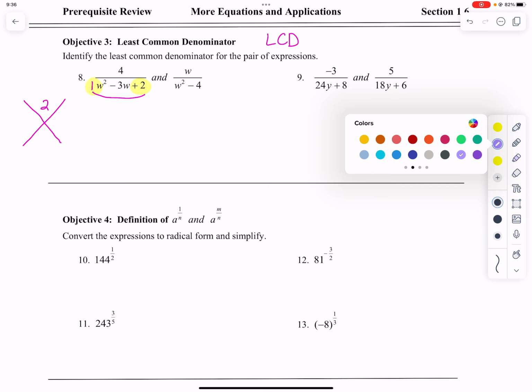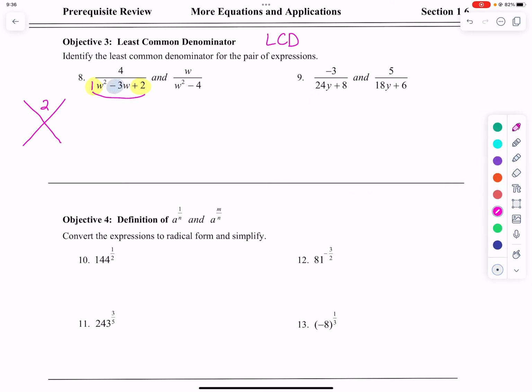a -3 here, and we write that here. So we're looking for two numbers that multiply together to equal 2, and add up to a -3. So, of course, we have a -2 times a -1 is equal to 2, and -2 minus 1 is equal to -3.